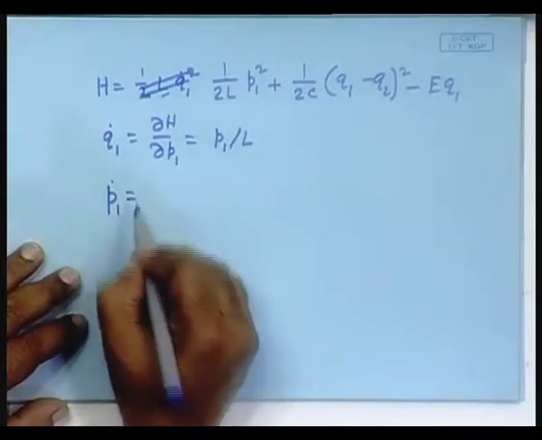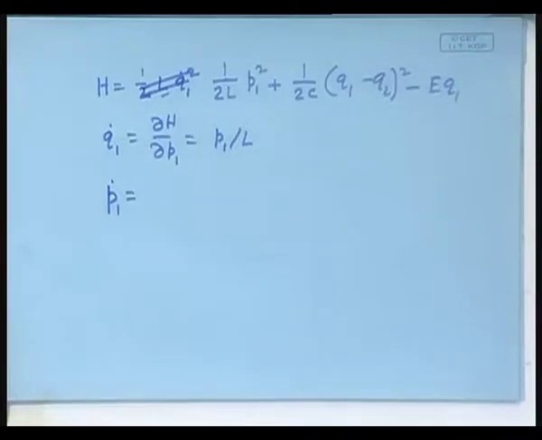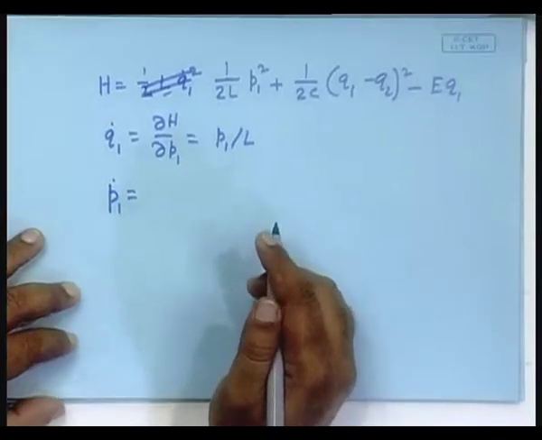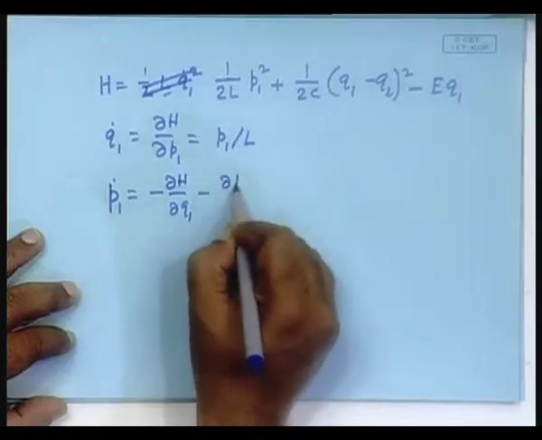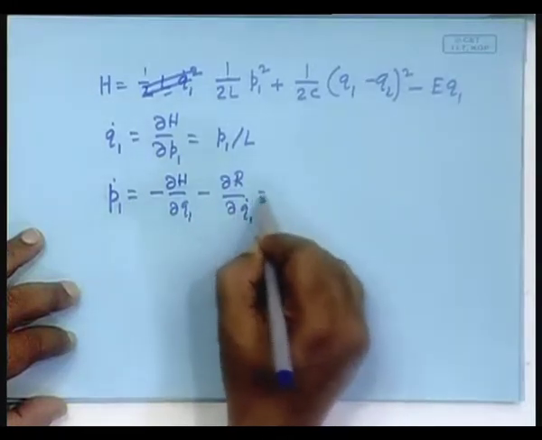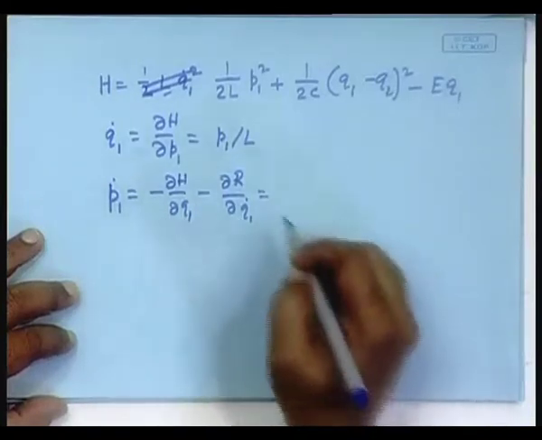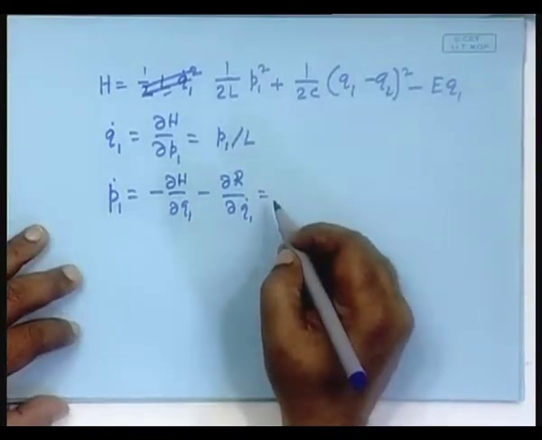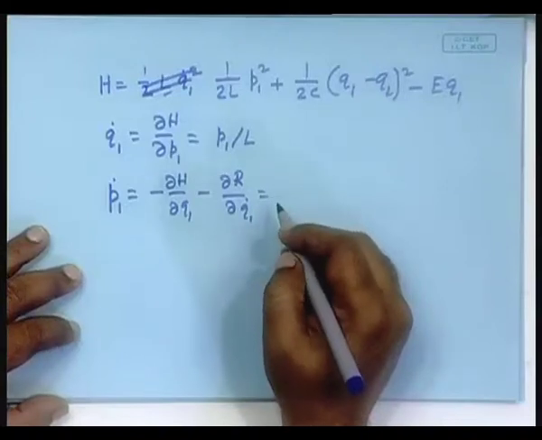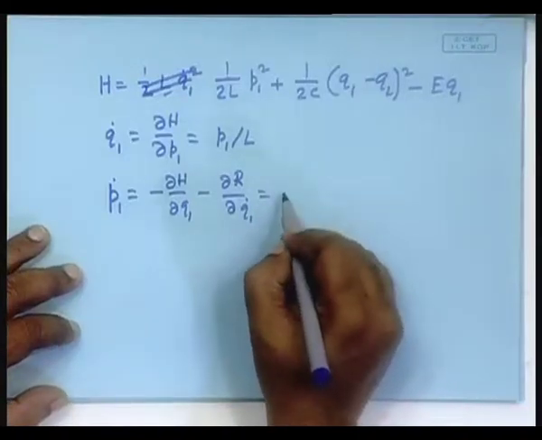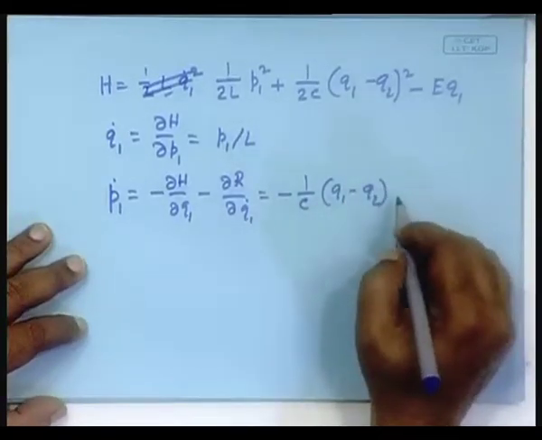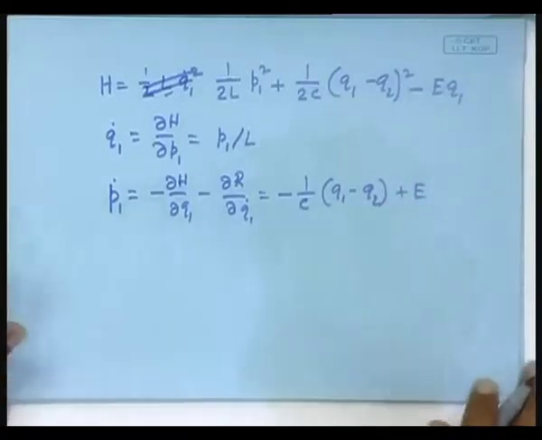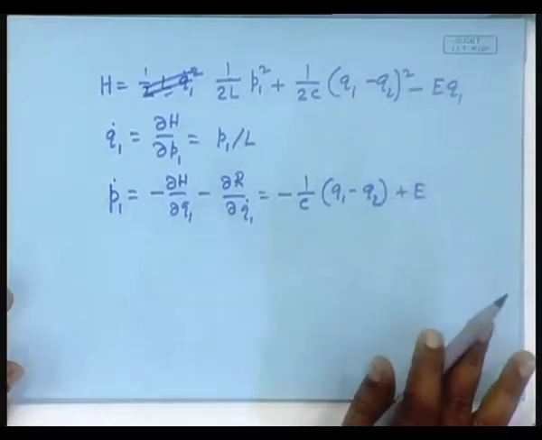P1 dot is minus delta R delta Q1 dot, you can easily write now, yes, minus 1 by C (Q1 minus Q2) and plus E, right, done. Right hand side does not have any dotted term, so we are happy.